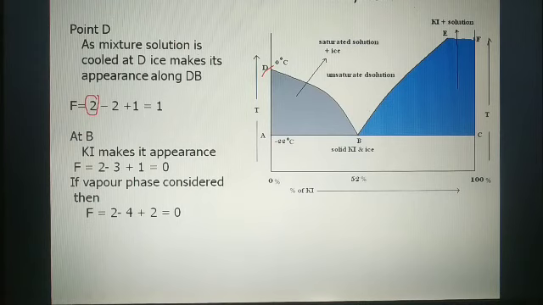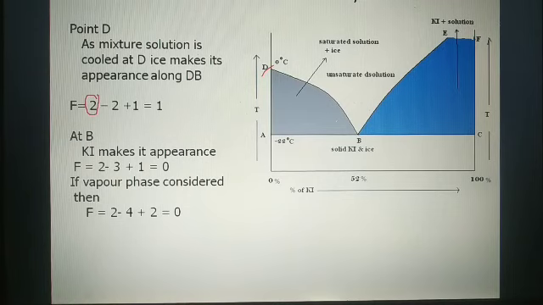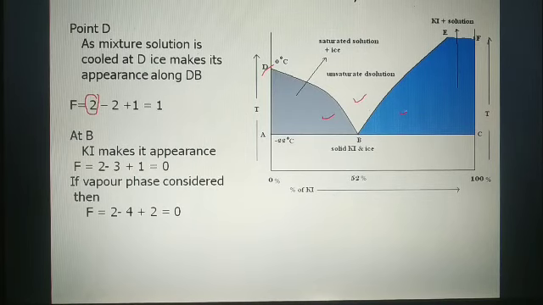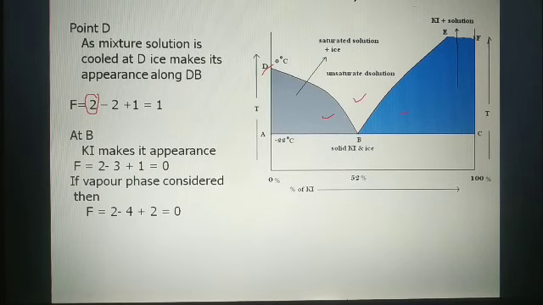Then at point B, that is the eutectic point. Here, this side it is solution, this side solution plus ice, this side potassium iodide plus solution, this side solid potassium iodide and solid ice. So if each component is taken only a single time, then it is 2 minus phases 3.